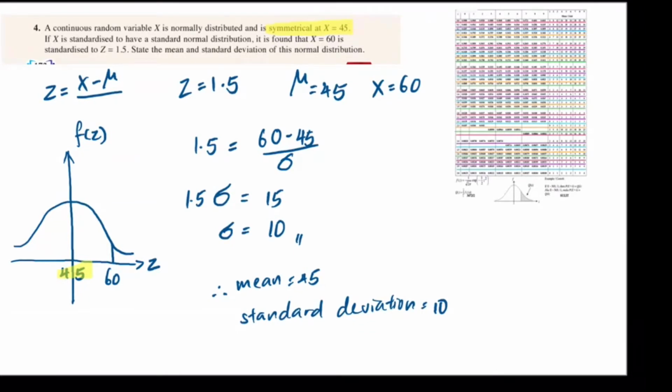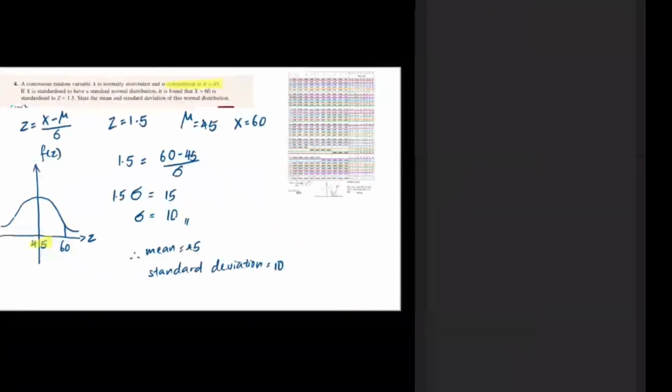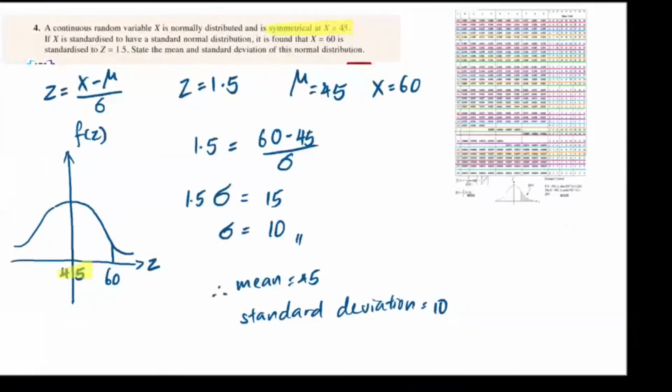And then I apply the formula to get z-score, which is x minus mean over standard deviation. Then I substitute all the values into the equation to find out the standard deviation, which is 10. So the mean is 45 and the standard deviation is 10.